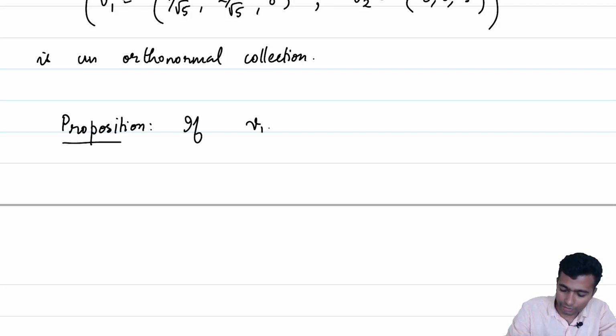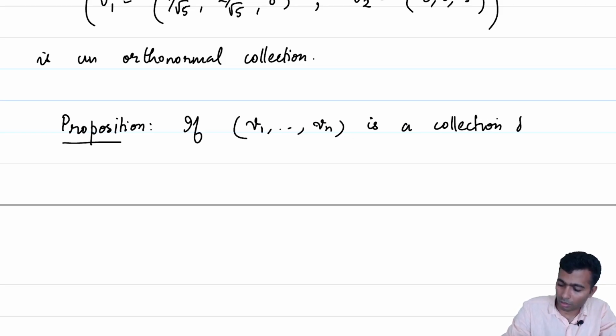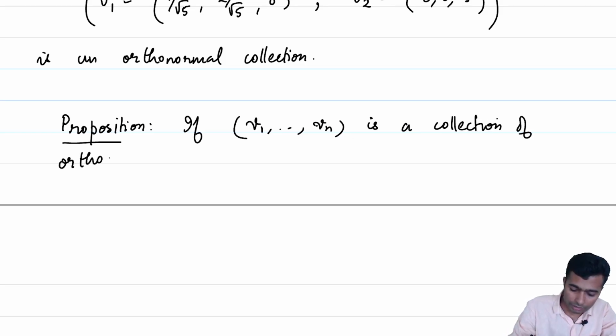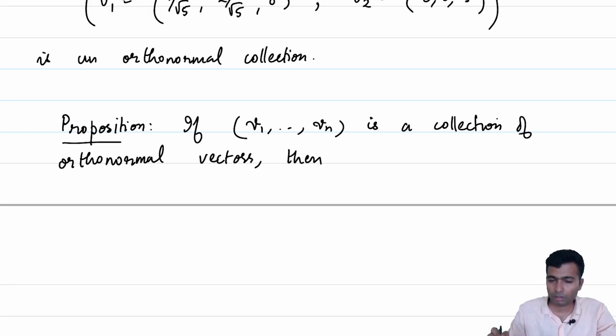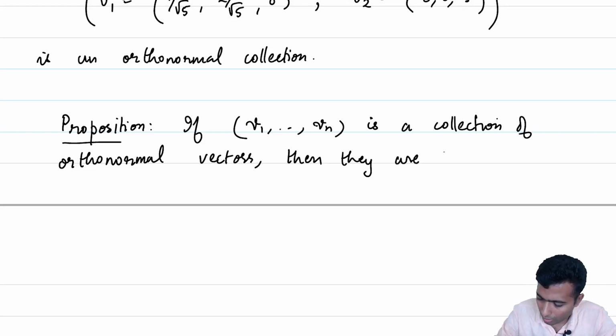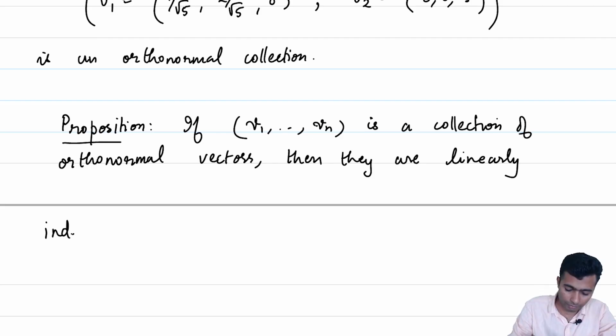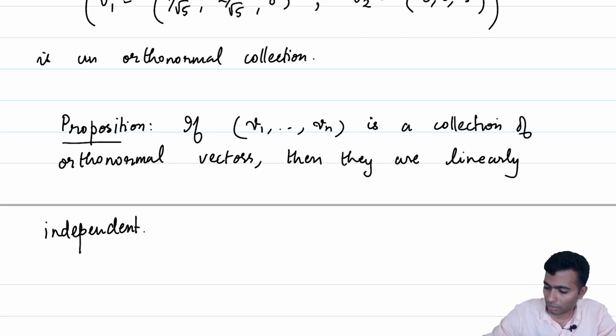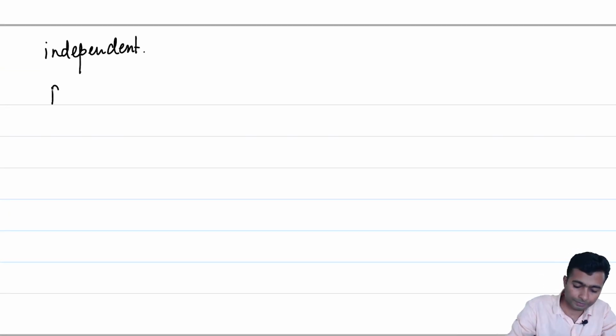If v1 to vn is a collection of orthonormal vectors, then they are linearly independent. Well, let's have a look at a proof.